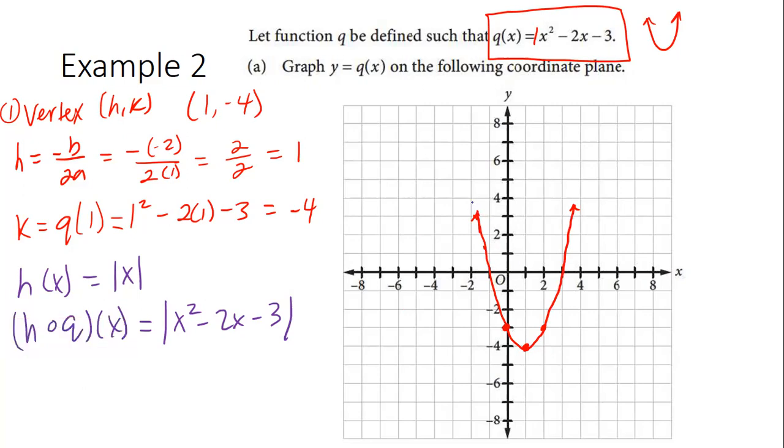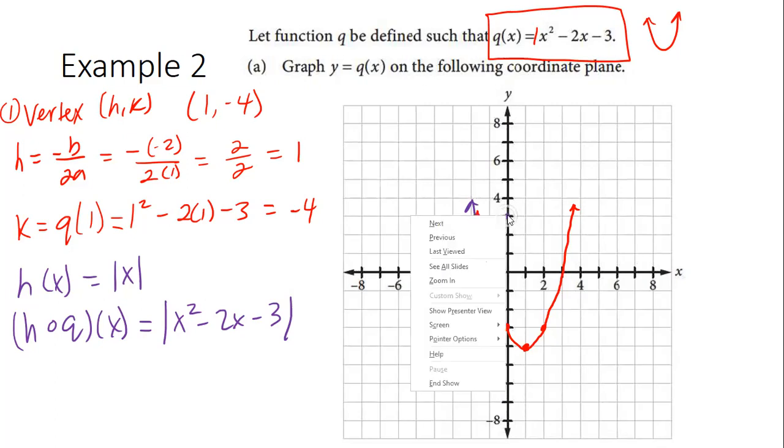All right, so let's talk about it. Is this piece going to change? No, because the y values are already positive. Agreed? All right, but all of these are going to have to do what? Flip. They're going to change their sign. Does that make sense? Because these are currently negative, and what does absolute value do? It makes them positive. So instead of -3, I'm at +3.